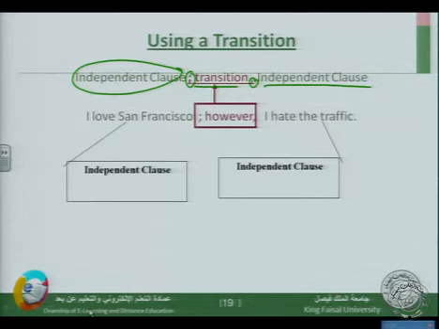For example, I love San Francisco; however, I hate the traffic. لاحظوا وضعنا semicolon، بعدين وضعنا the transition words اللي هي من ال conjunctions، ووضعنا هنا الفاصلة. So we have two independent clauses, one here and one right here. In your mind, you should put these transition words between a semicolon and then a comma.